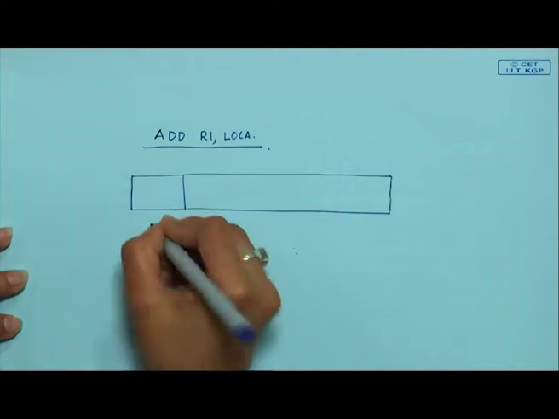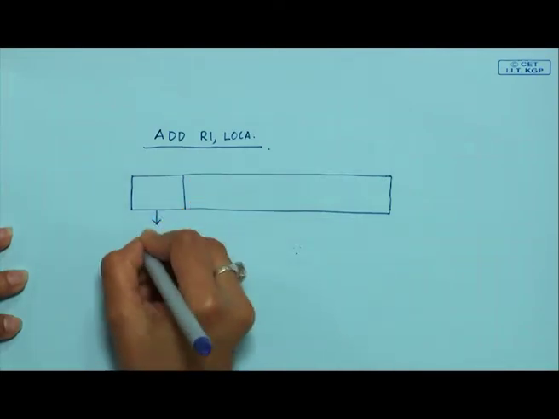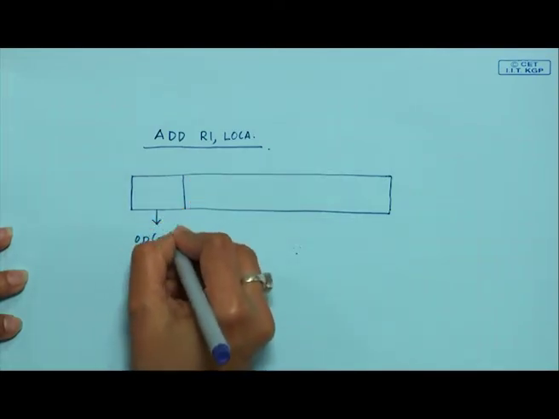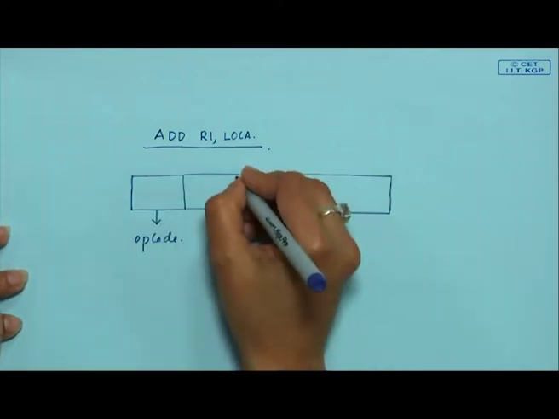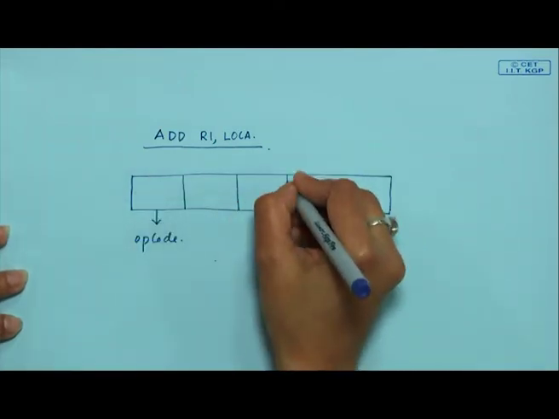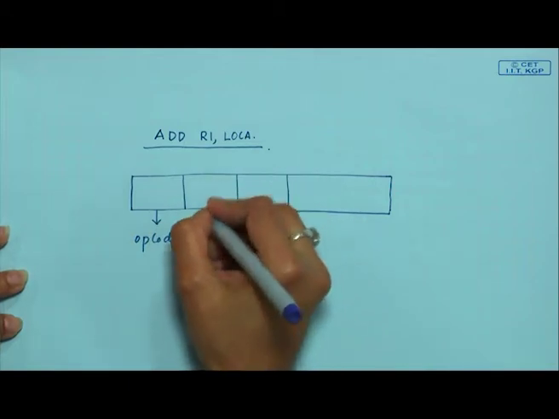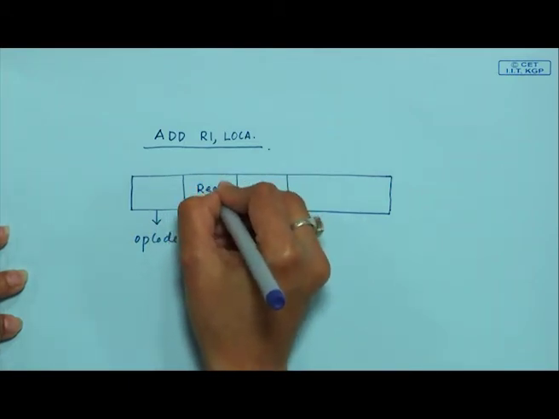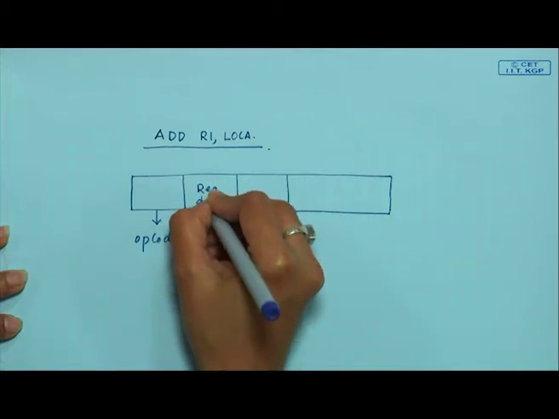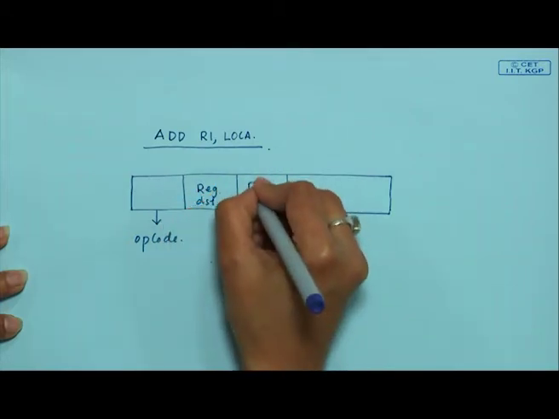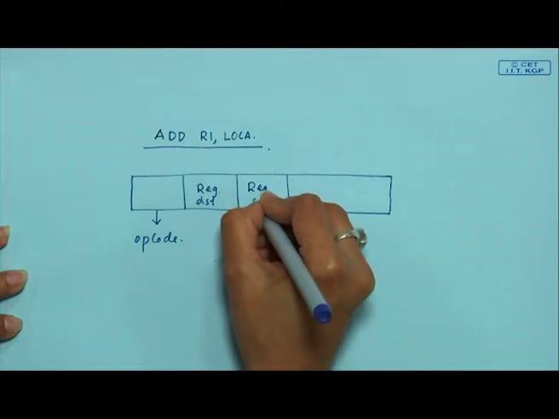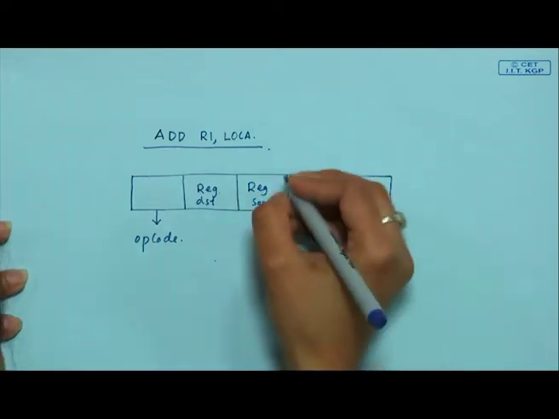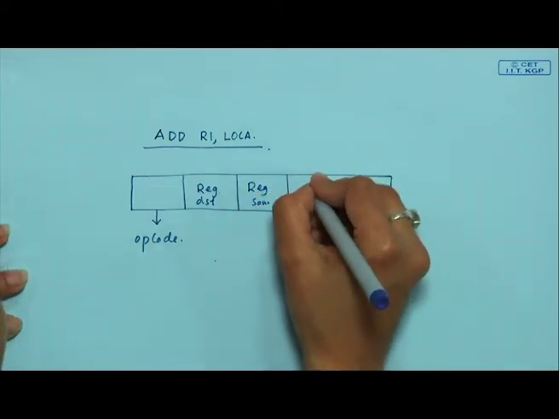some bits will be reserved for the opcode, and some bits will be reserved for the registers. This can be the destination register, this can be the source register, and this can be your memory location.